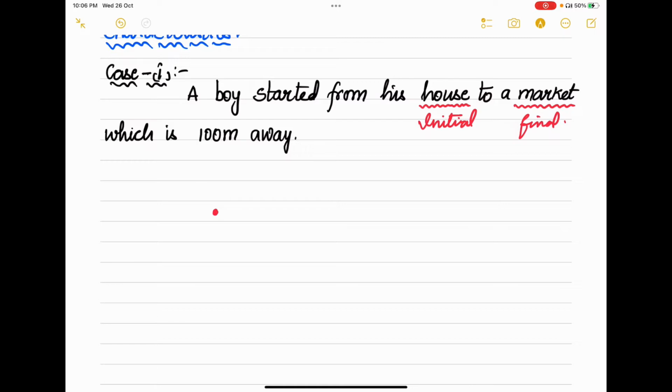Say this is his initial position, that is house, and we have a market which is 100 meter away. Say house be A and market be B, and assuming that the boy traveled in a fixed direction.